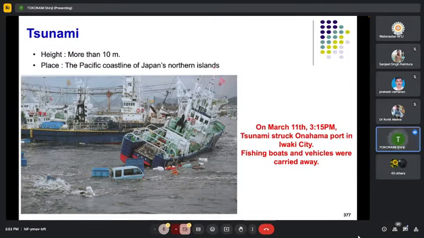On March 11th, at 3:15 p.m., the tsunami struck Onahama Port in Iwaki City, Fukushima. Fishing boats and vehicles were carried away. This was the land.